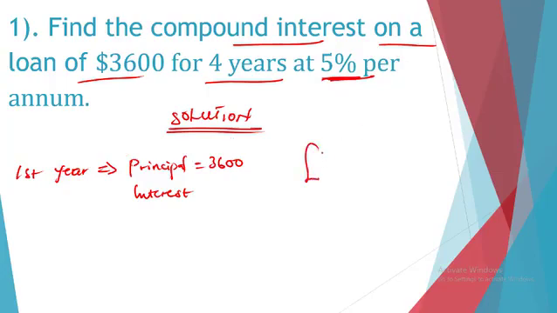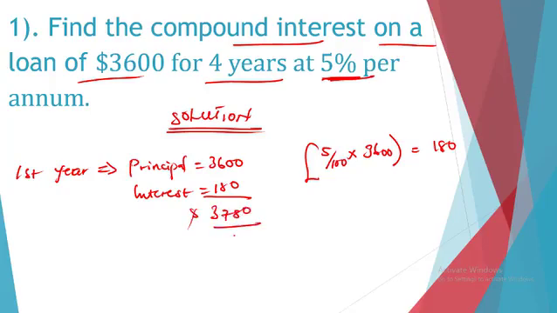So we have 5 over 100 times 3,600, and that gives us 180. Adding the both of them, we have 3,780 US dollars.